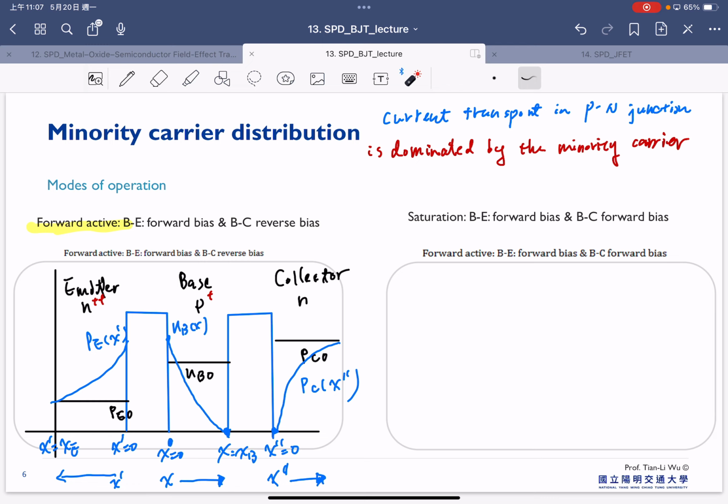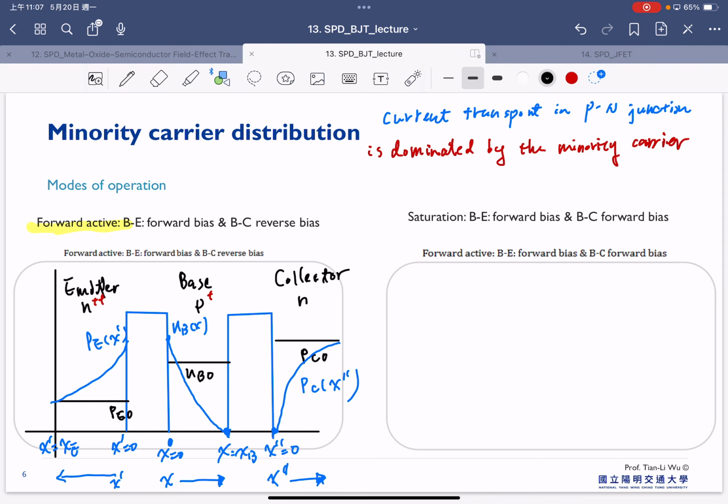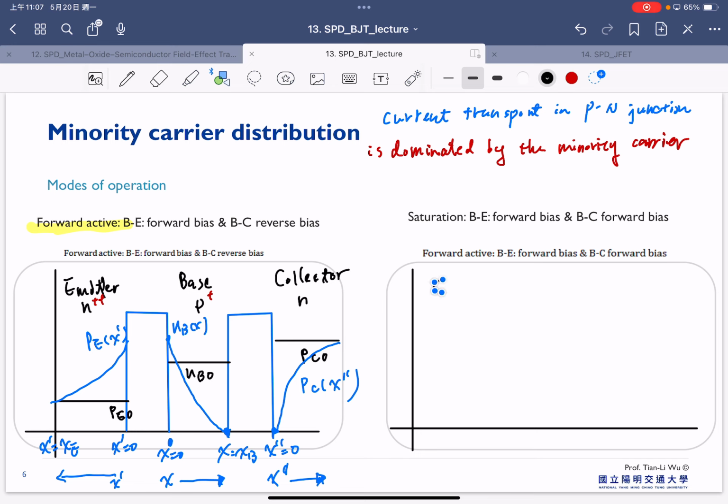And now if we look at saturation, still the same, we have the emitter. We have the base. We have the collector.